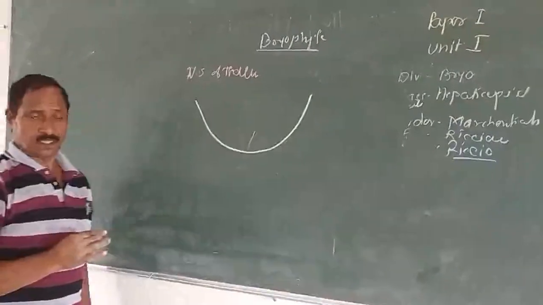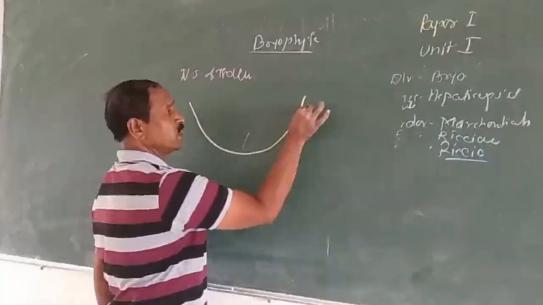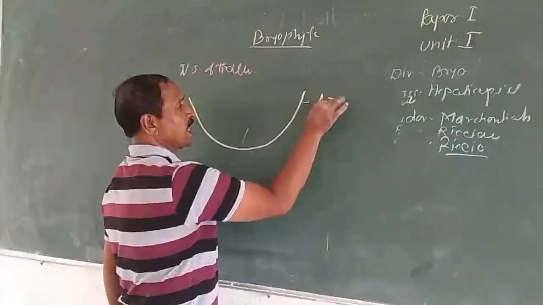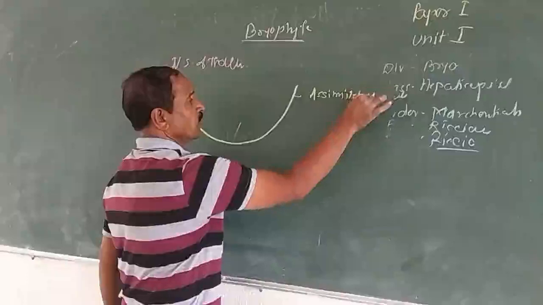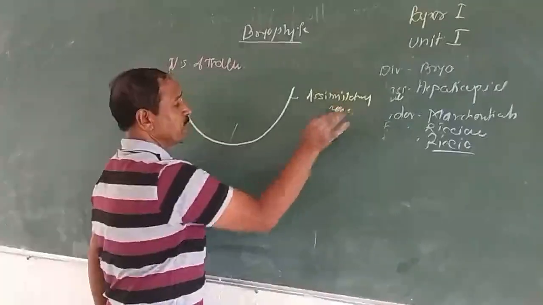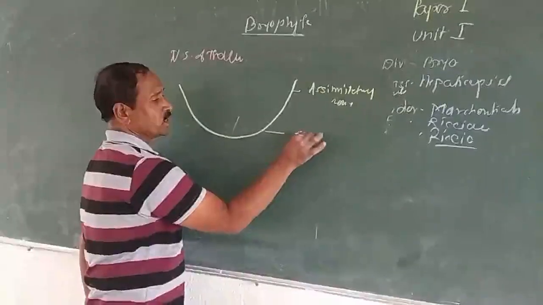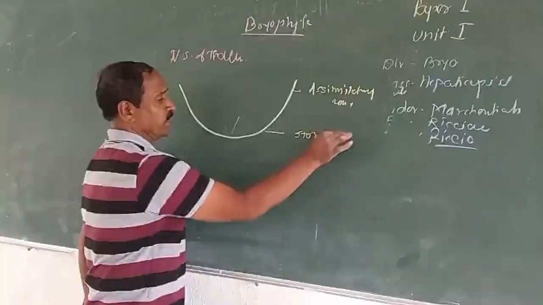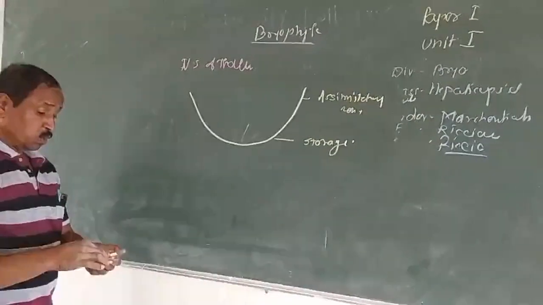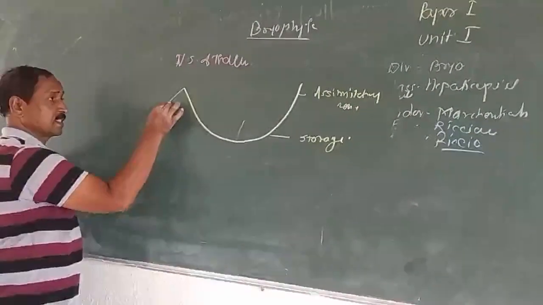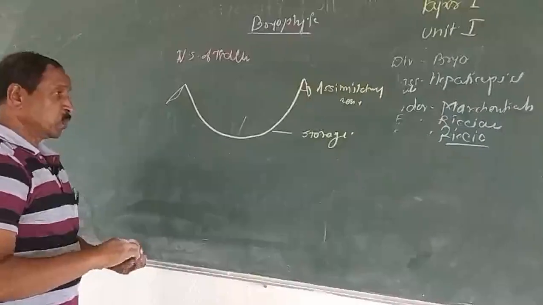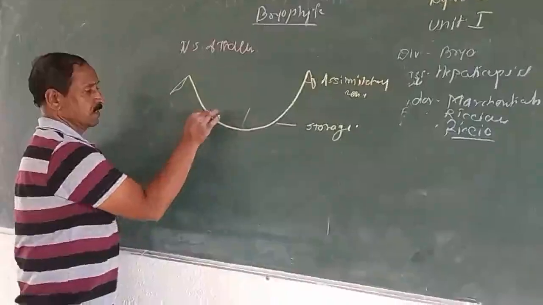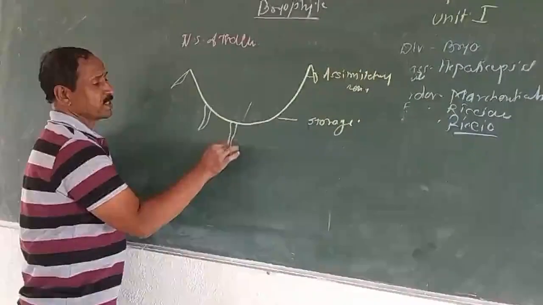In cup-shaped structure, it is divided into the assimilatory zone and second part, that is storage region. Then it shows the scales at the end, and below the thallus the rhizoids are present.